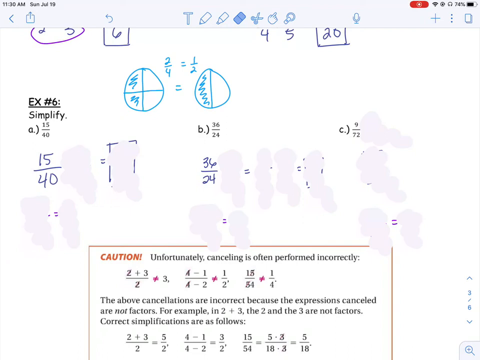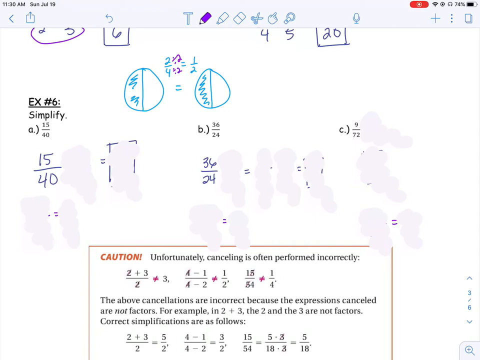So instead of breaking it down into 4 pieces, I can reduce that by 2. And really, I have 1/2. So 2/4 is the same thing as having 1/2. I can reduce both the numerator and the denominator by a factor of 2.